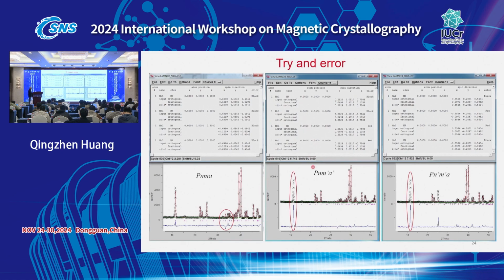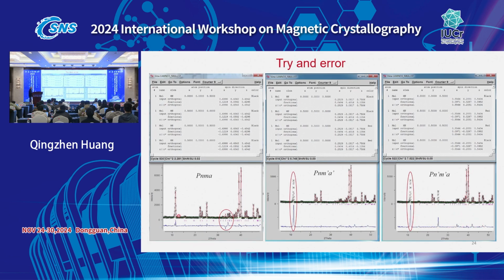And for PNM prime A prime, this is not acceptable because most of the stronger magnetic peak intensities do not fit at all. PM prime M prime A is also similar to this one, and is not acceptable. For all of these, the magnetic intensity does not fit.